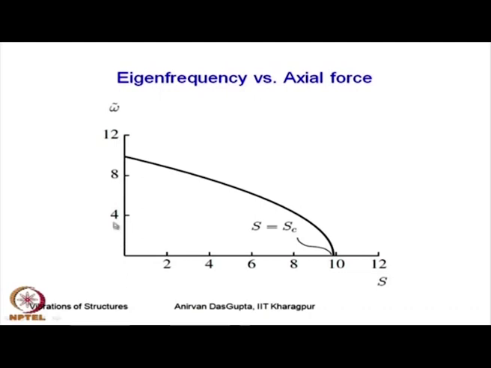When the load is 0, this is the first circular natural frequency, non-dimensional, and as the load increases, this falls, and at a certain load the circular natural frequency goes to 0. So, this is the buckling load or the critical load.